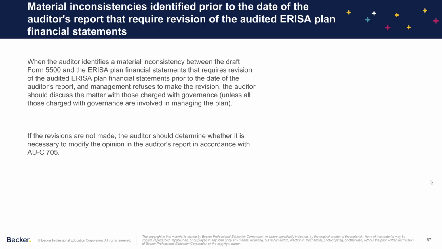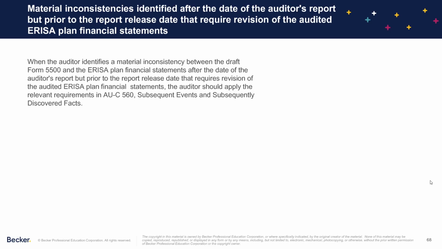On the other hand, if the auditor identifies a material inconsistency between the form and the financial statements prior to the report release date that requires revisions of the financial statements, we should follow AUC 560, which is our subsequent events and subsequently discovered facts. Right? So after the date of the report, but prior to the release, it is a subsequent event.